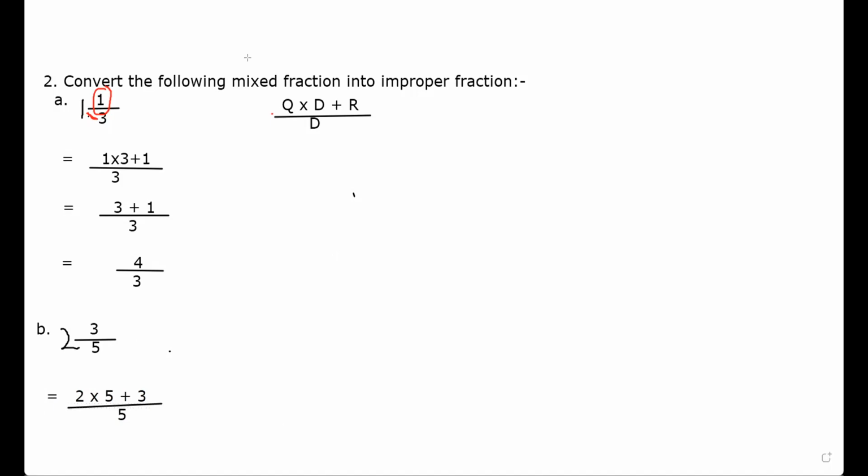Okay. Now 5 twos are 10, plus 3 upon 5. Now what you have to do? 10 plus 3, now let's do that. 13 upon 5.